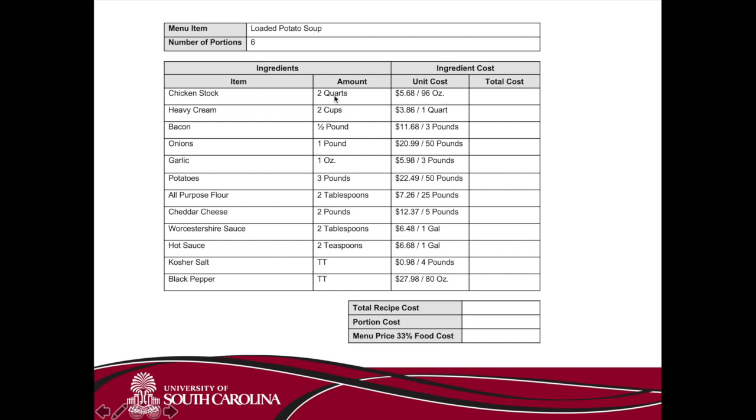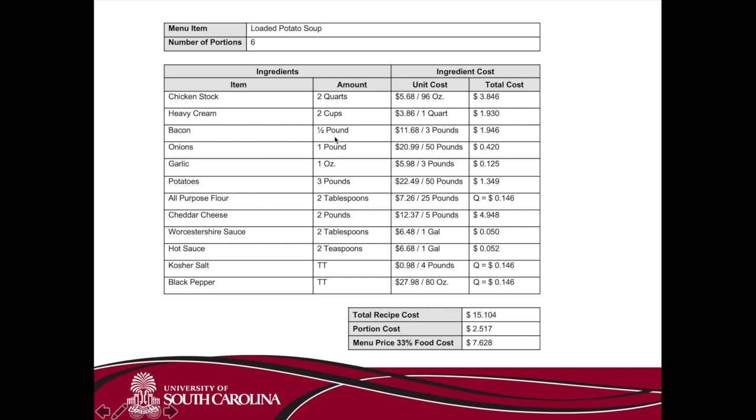So we're in ounces here. So let's put quarts into ounces and then figure out our price per ounce. And then we can do the same thing. We'll put quarts into cups, figure out a price per cup, our price per pound here, price per ounce, price per pound.